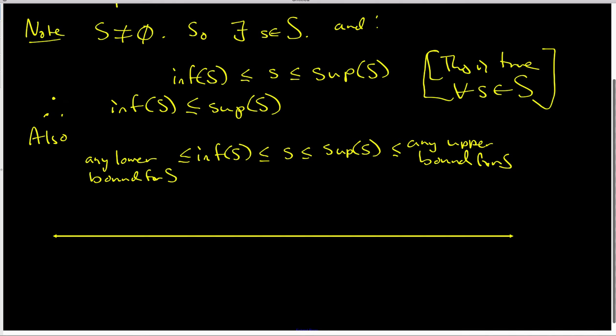Here is my number line, and on this number line I am going to put the infimum of S there, and I'm going to put the supremum of S here. And what I know is that all elements of S lie between these two things.